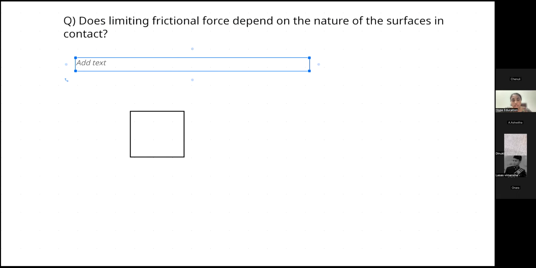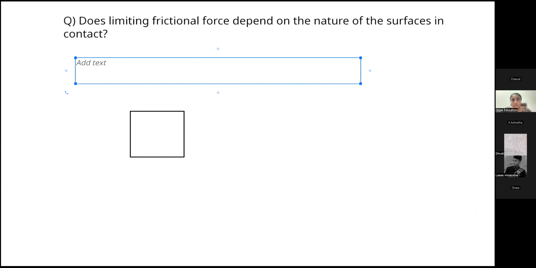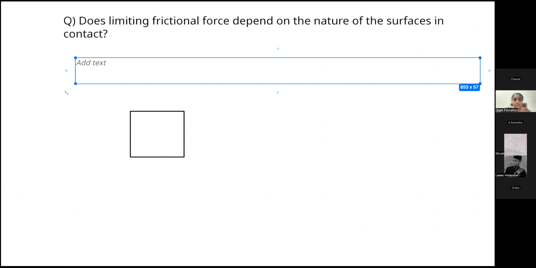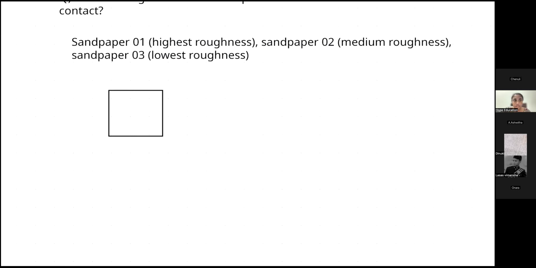Sandpaper 1 has the highest roughness, then medium roughness and lowest roughness. Again, rough grades, right? Sandpaper as well. Okay.